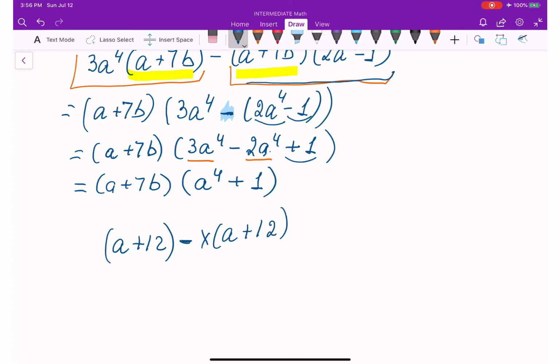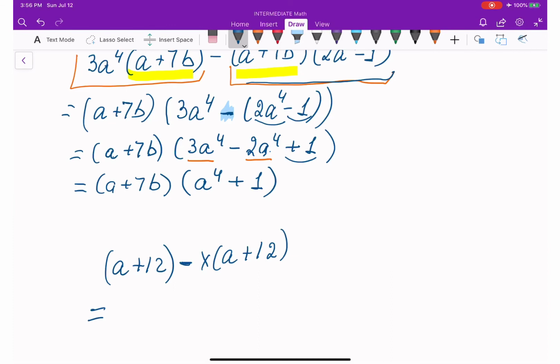So the common factor is going to be a plus 12, right? So from the first term, a plus 12, what will be left is 1, right? If I divide a plus 12 by a plus 12, only 1 will be left. And from the second one will be left x, minus x.